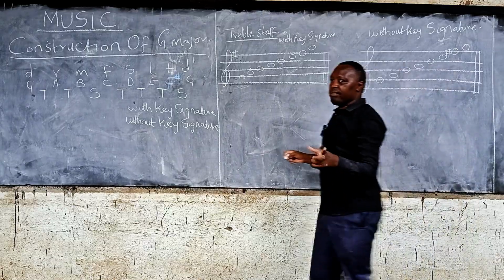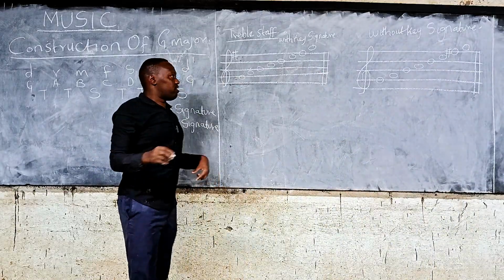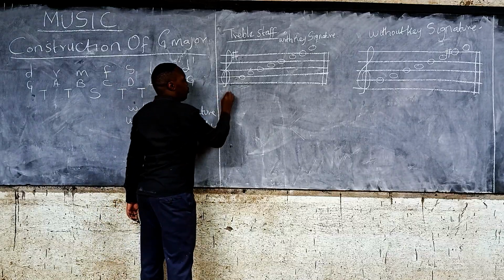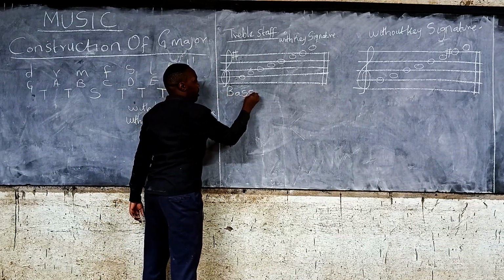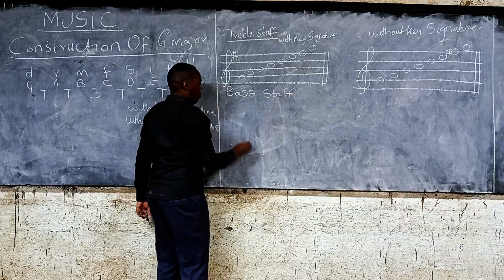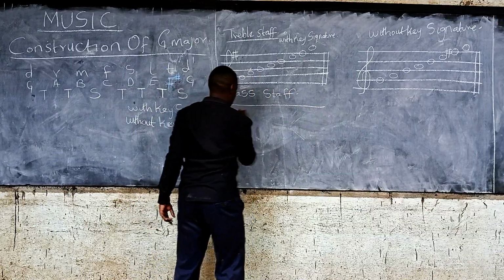Now I'll come to something else. We are going to discuss this as we wind up this episode. We are going to talk about the bass staff. So I'm going to draw two staffs.